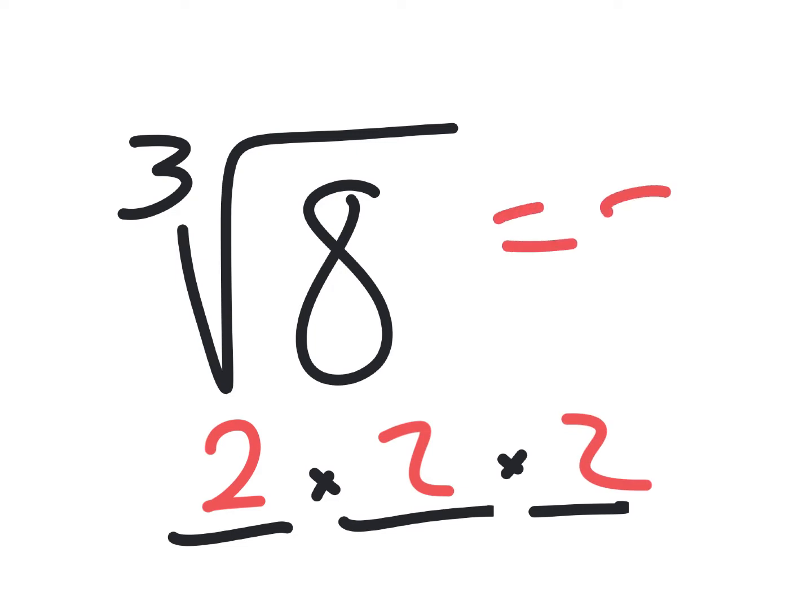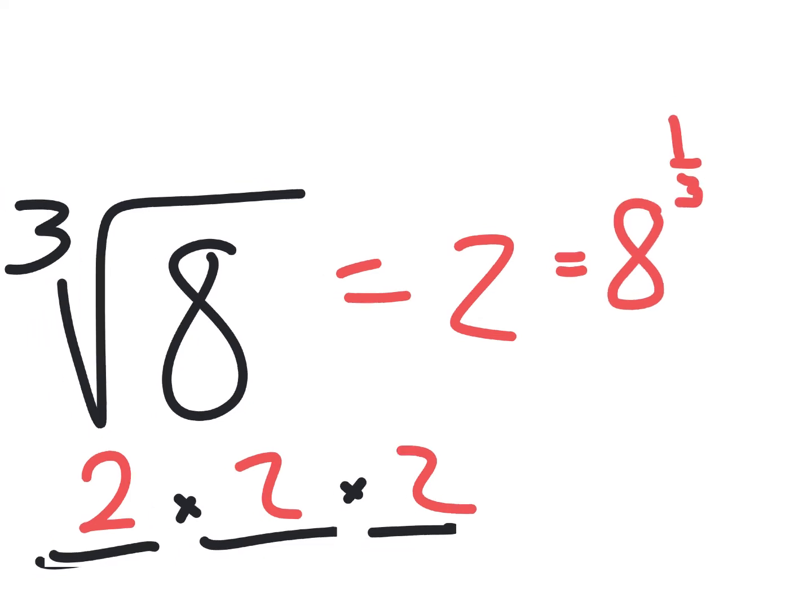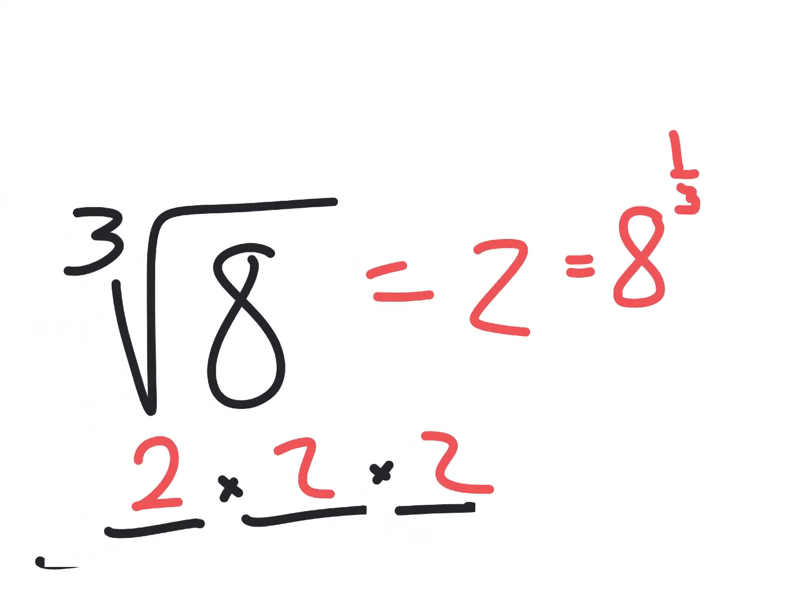So the answer to this is a 2. Cube root of 8 is 2. Could they have written it as 8 to the 1/3? Yeah, that's the whole point. Trying to show you that cube root like this means that. What is a cube root of 8? It's 2.